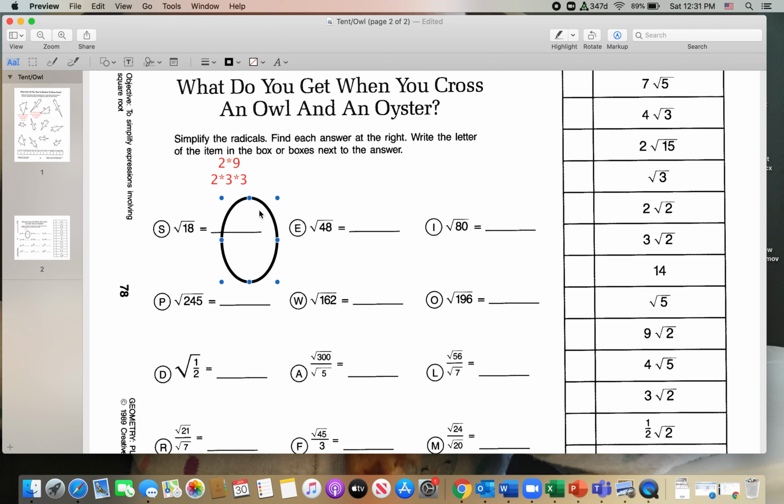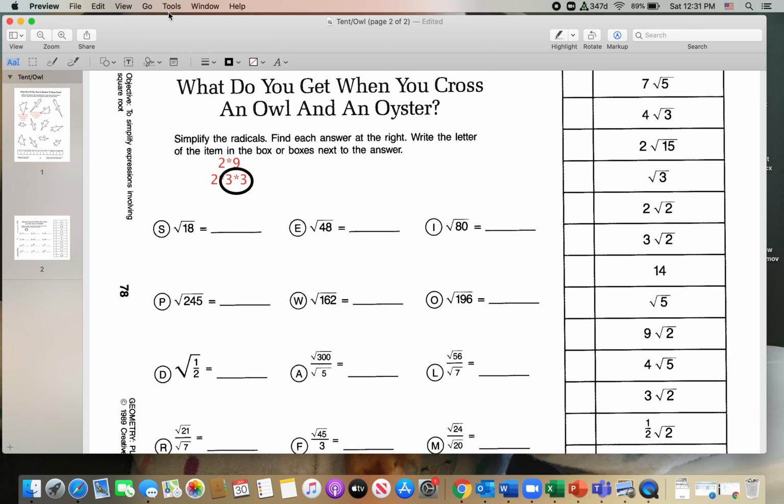These are a pain, but if you do them over and over again, you eventually get faster. I'm not very fast at it. I'm wanting to just circle the 2 3s. So I have a pair of 3s and a lone 2. Whenever you have a pair, it comes to the outside. This 2 stays under.